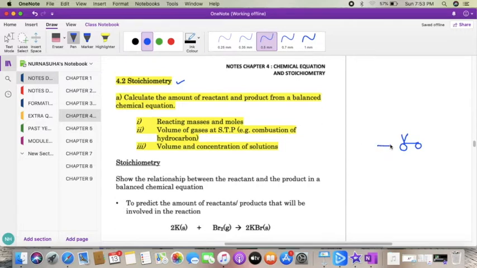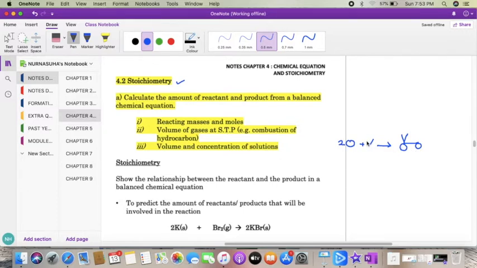So maksudnya I perlu ada tayar, pada masa yang sama I perlu ada handle. Let's say I ada dua tayar tapi I ada satu handle. Boleh tak you hasilkan basikal? Tak boleh kan?